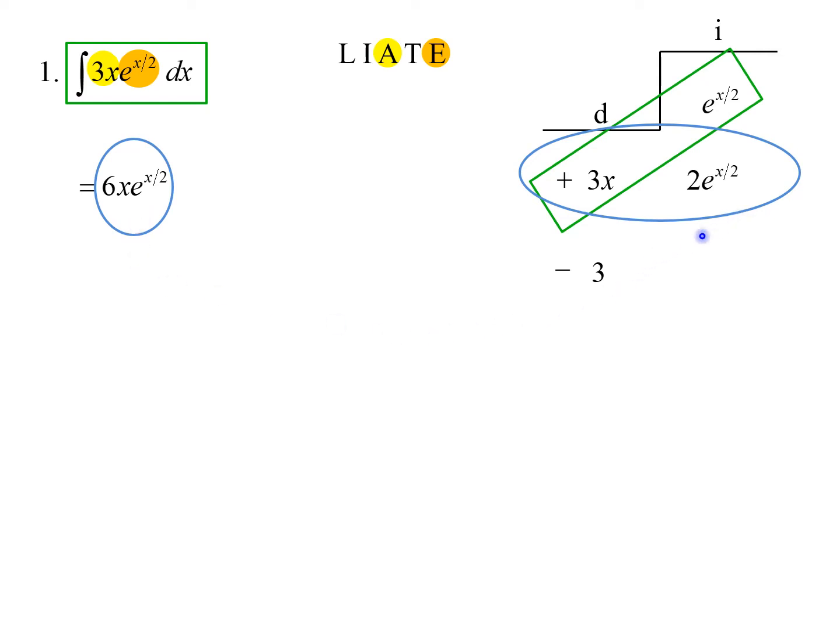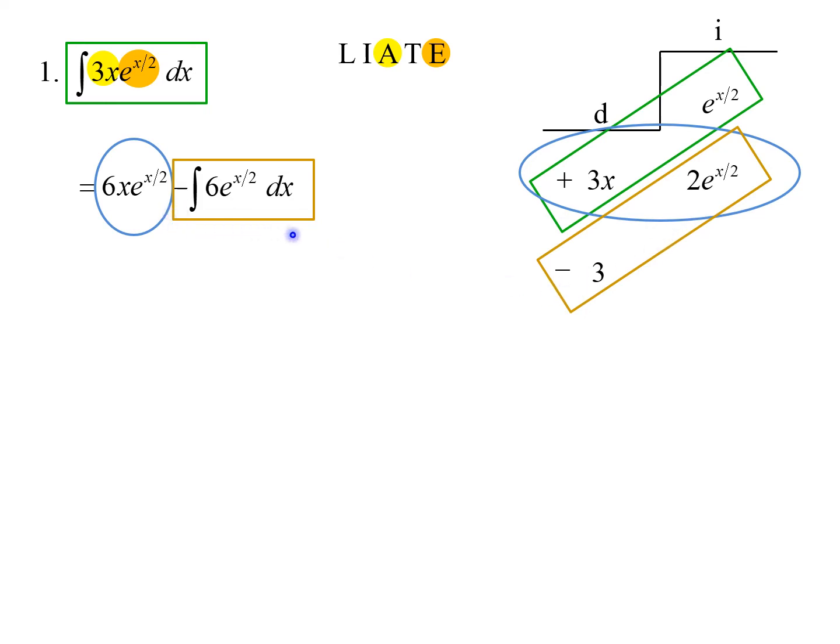And then we're going to shut off the machine by multiplying those together, and notice there's the minus sign right there, which is incorporated in the integration by parts formula. Okay, so let's integrate this, 6e raised to the x over 2 power. You'll do a little u substitution, and you'll get minus 12e raised to the x over 2 power.